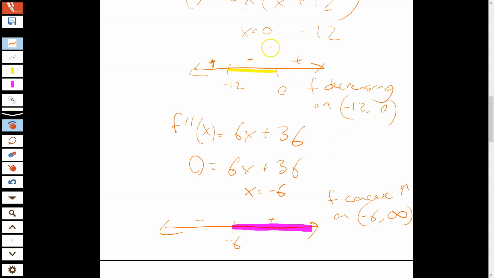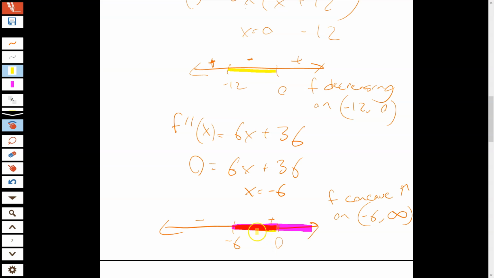Okay. So notice if I wrote these two sign charts, my first derivative and my second derivative, on top of each other, -6 would be somewhere in this yellow region. 0 would be somewhere over here, right? So they would overlap in this region.